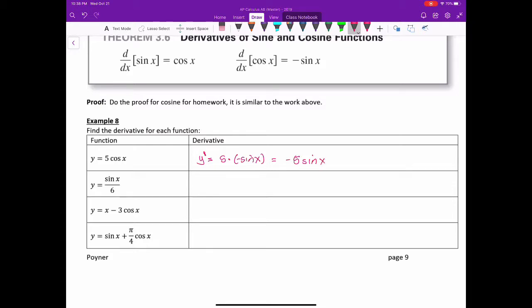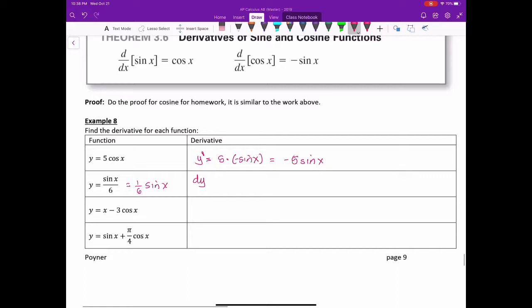Done. Again, maybe this would be helpful to rewrite as 1/6 sine of x, and then go from there. So we do dy dx, or you could write y prime is equal to 1/6 cosine of x.